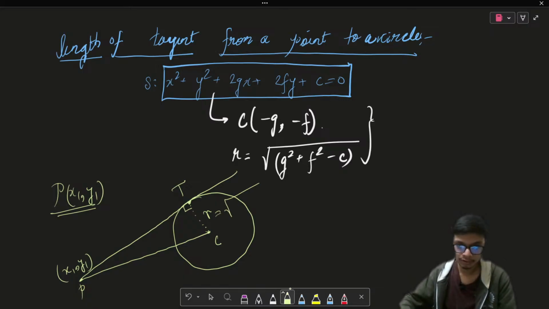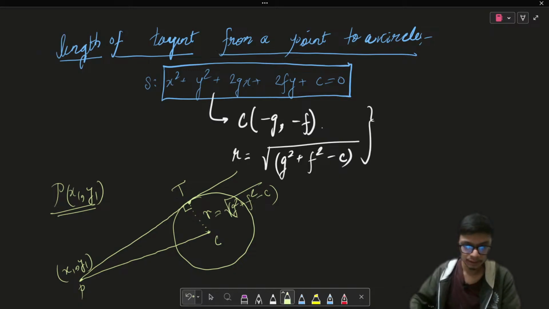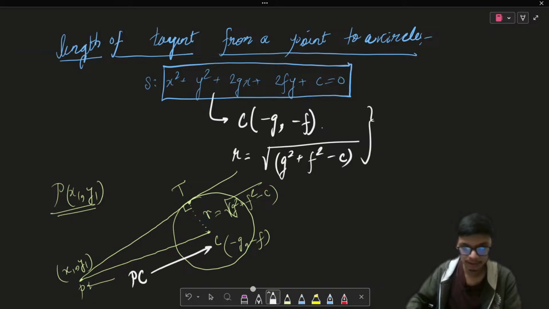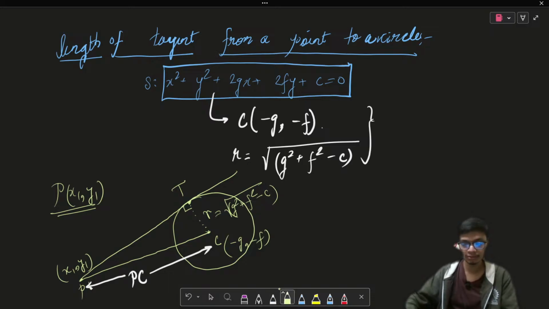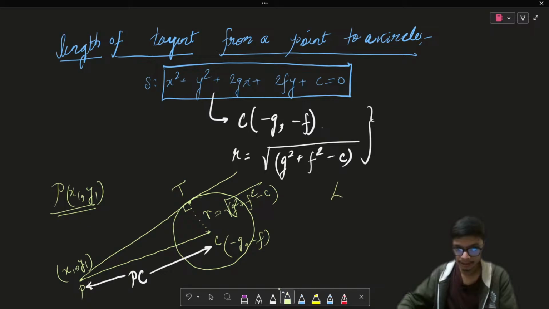We already know the radius, which is square root of g square plus f square minus c. We can also find this PC distance, which I can easily find out. Now this triangle PTC is a right angle triangle.